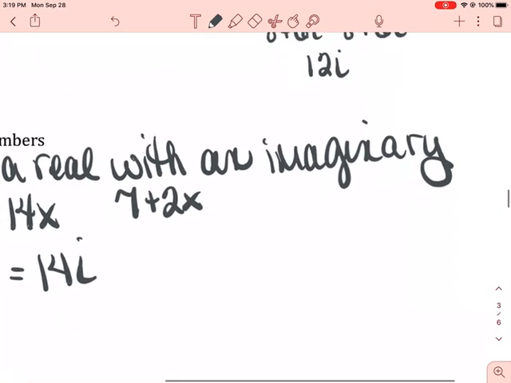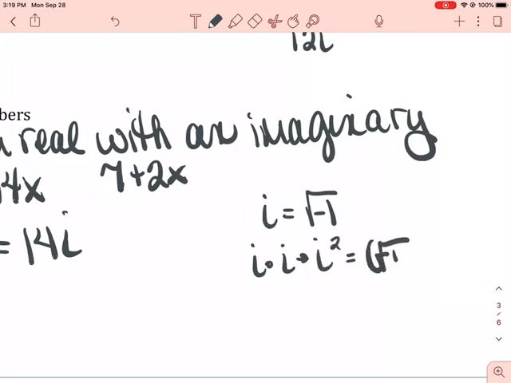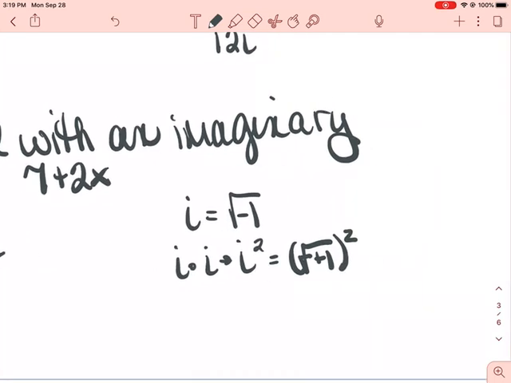Now, here's the thing about imaginaries. We have to think about what happens when you multiply them together. So let's talk about i times i. i is the square root of negative 1. So if I go i times i, or i squared, that would mean the square root of negative 1 squared.